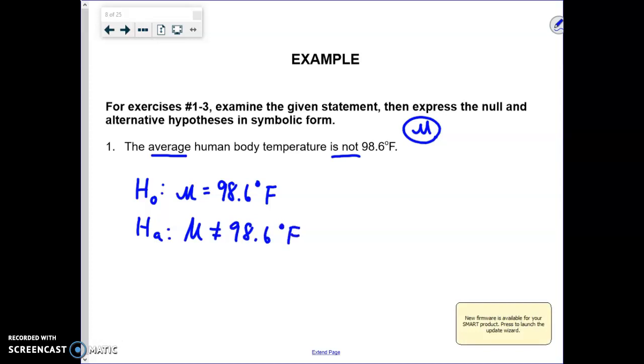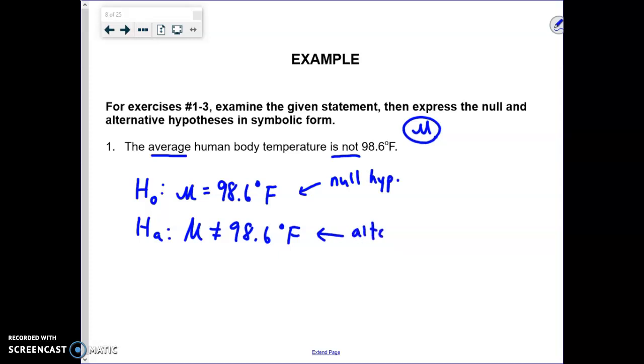So again, ladies and gentlemen, this is the null hypothesis. You don't have to write this part down. This here is the alternative hypothesis. Always write the null first, the alternative second. So let's go to the next problem.